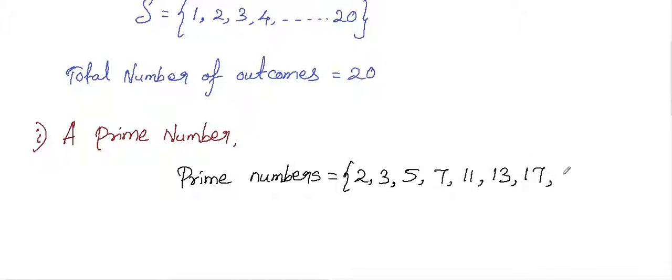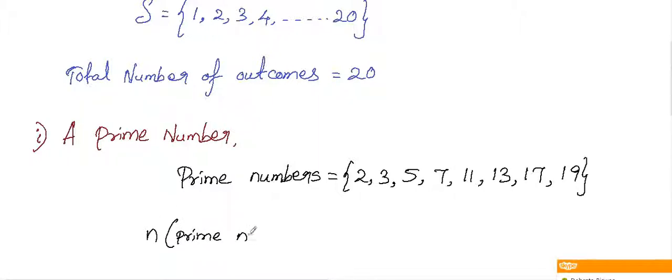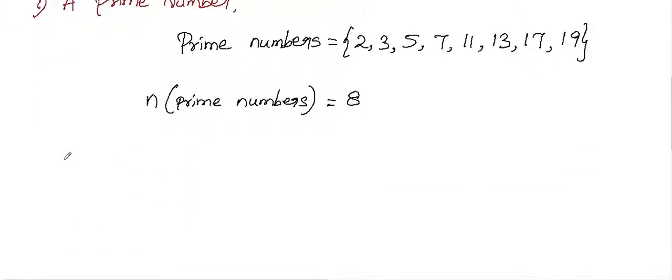So these are the prime numbers from 1 to 20. So how many numbers are there? The number of prime numbers is 8.